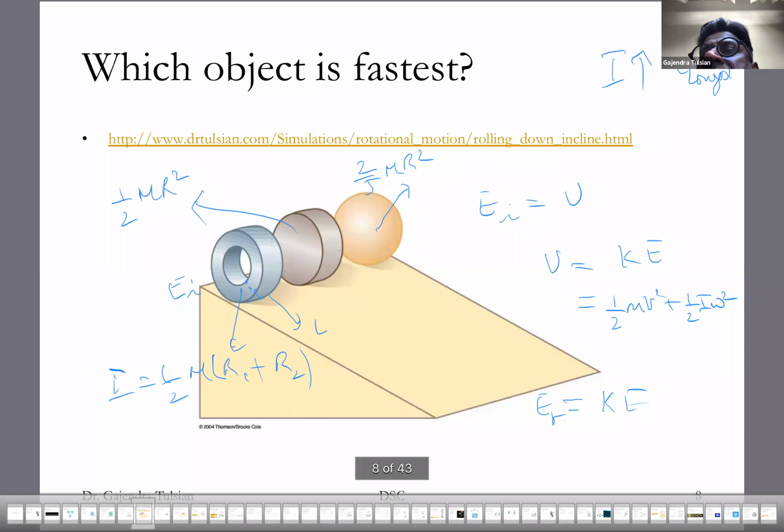This one is lowest, so it will reach first. Anyway, I urge you guys to go to this simulation and play with it, and you'll figure all that out.